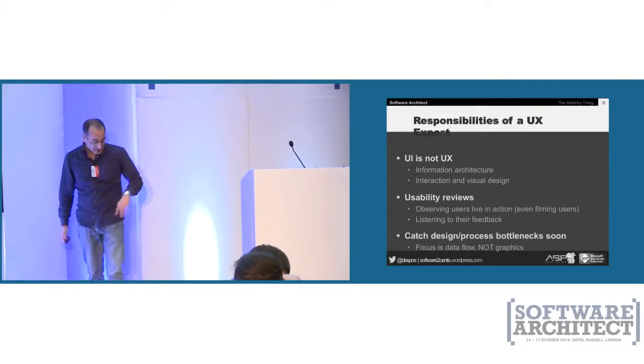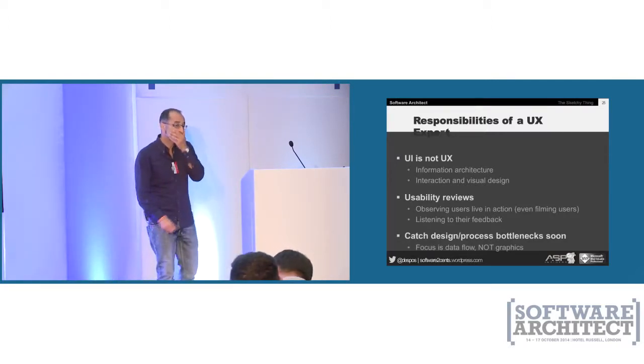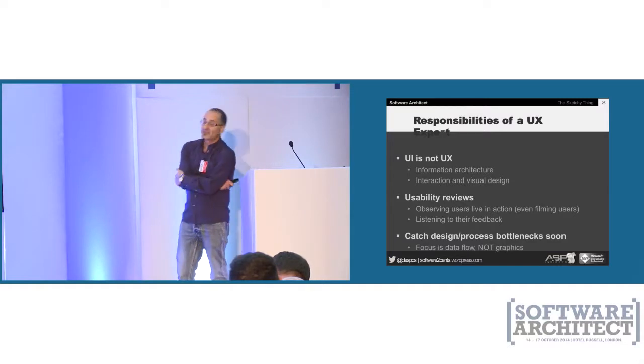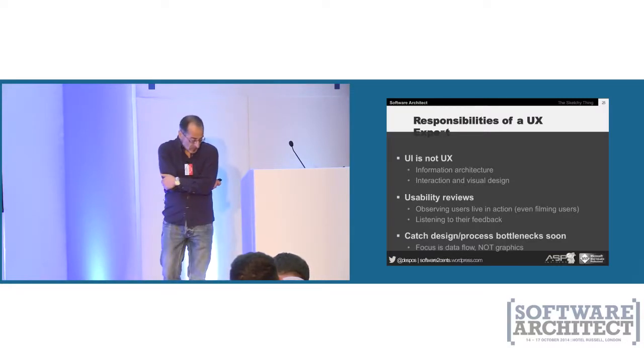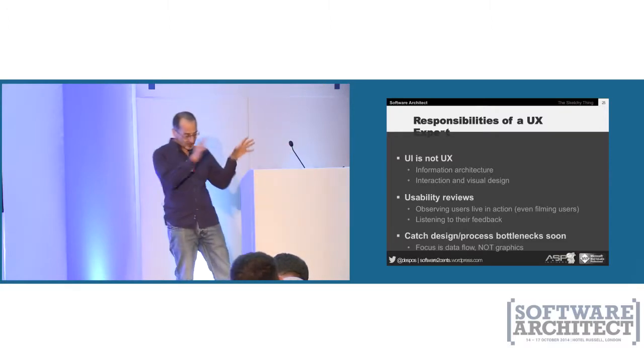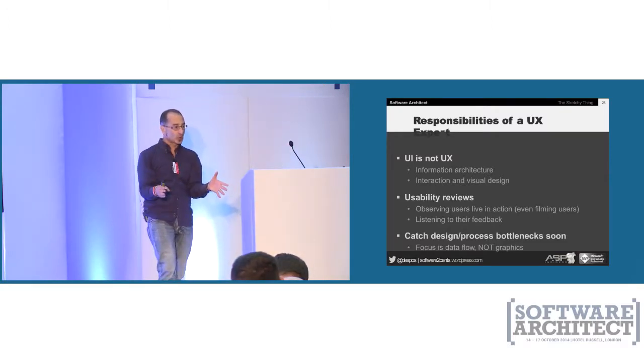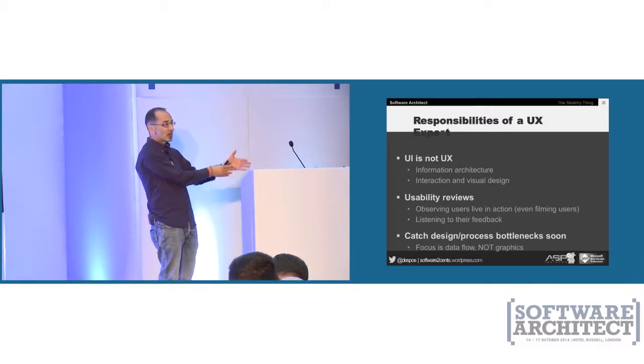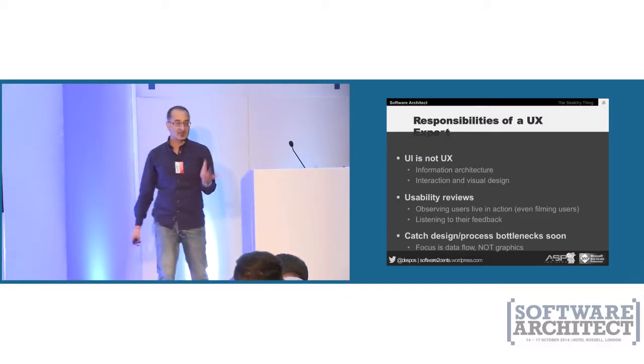So, the responsibilities of the new figure of a UX expert. I told you that it would be ideal to have two architect roles, a classic software architect plus a UX architect.